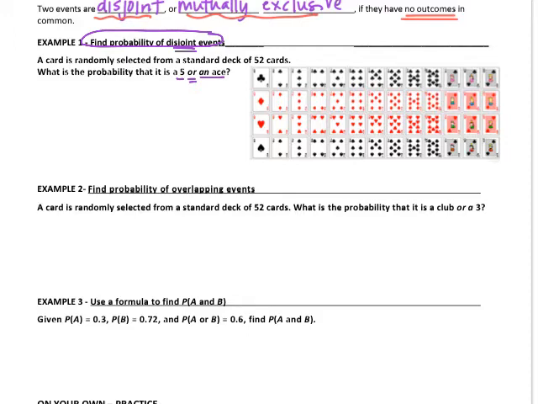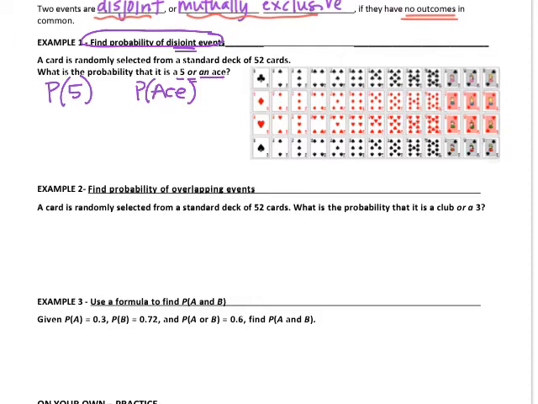Now, do 5s or aces have anything in common? Not really, except they could be from the same suit. But they're not asking us about that. They're saying what's the probability of the card being a 5, and what's the probability of the card being an ace. Okay, so the P here stands for probability.